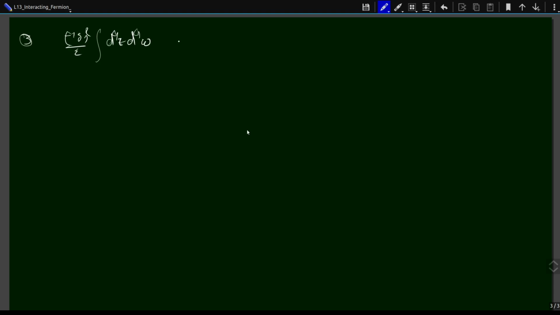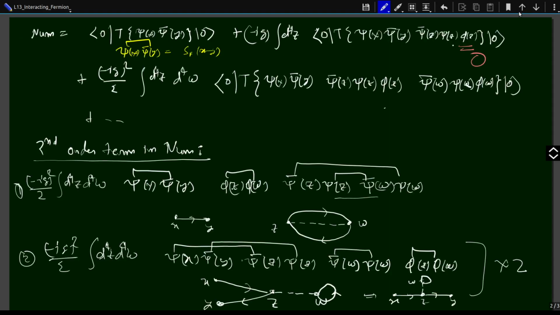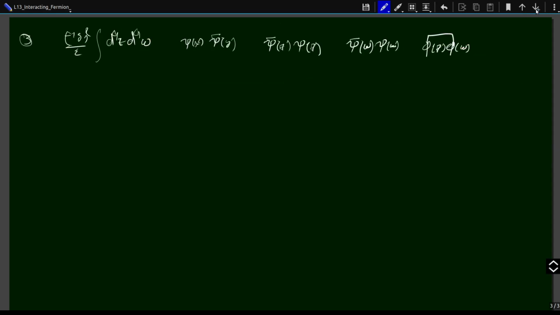So one of the contraction patterns is psi x psi bar y. Let me write it first. Then psi bar z psi z, psi bar w psi w, phi z phi w. Of course these contract with each other. There was a phi like here also, so I did not miss it.